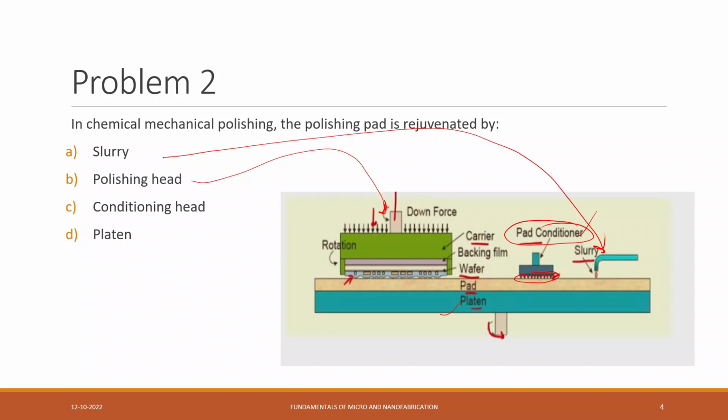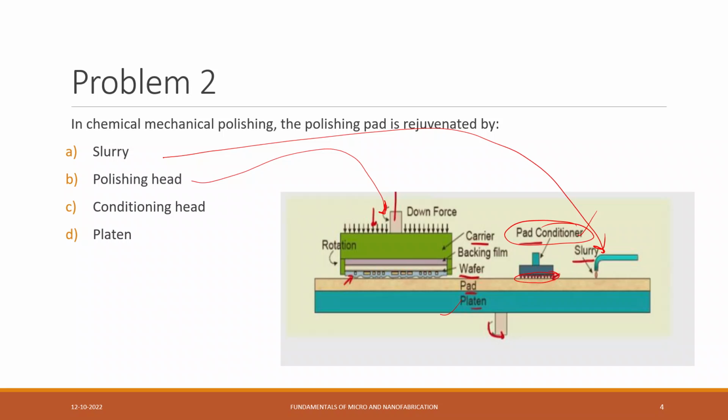So what happens is that whatever is polished gets accumulated on the polishing pad, and its polishing abilities decrease. Because of the things that are removed, they get settled, and the pores present on the polishing pad get smoothened up, just like how it happens for sandpapers.